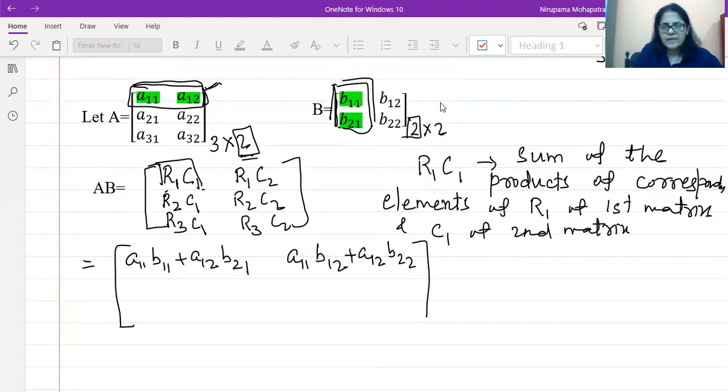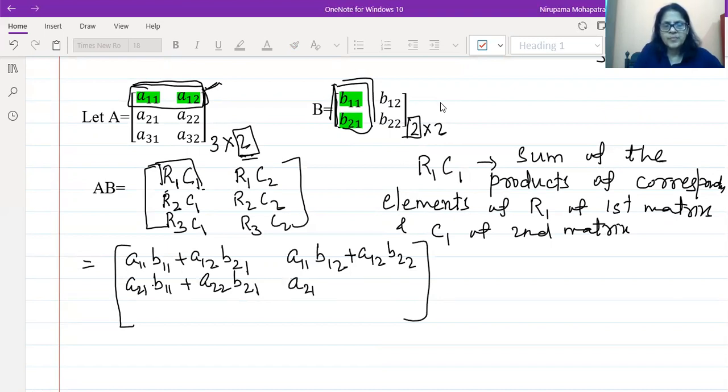We do not have any third element in the first row of the first matrix, so we have to stop here. Next, we will go to the second row. Again, second row, first column, R2C1. So A21 into B11 plus A22 into B21. Again R2C2.